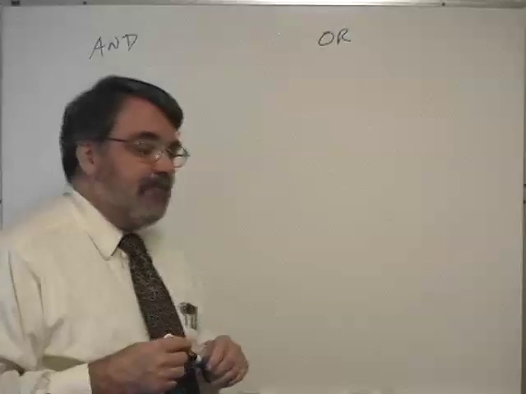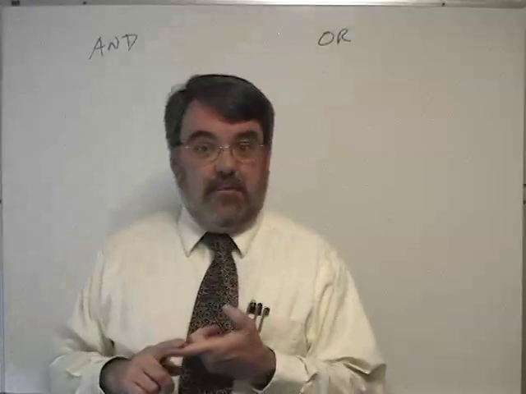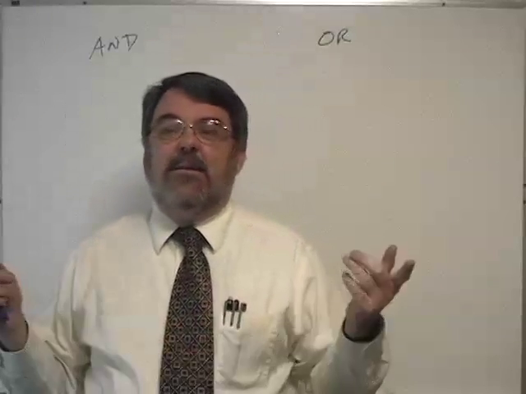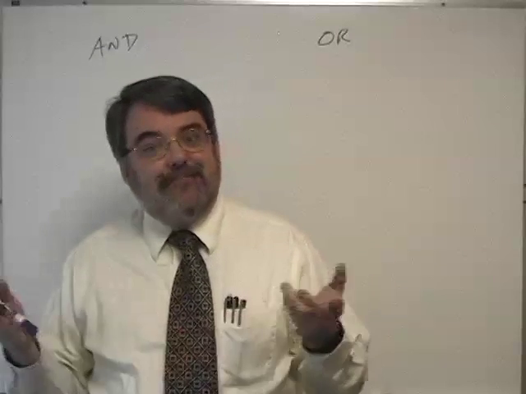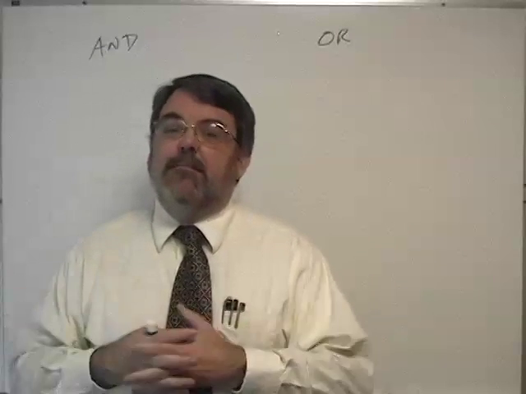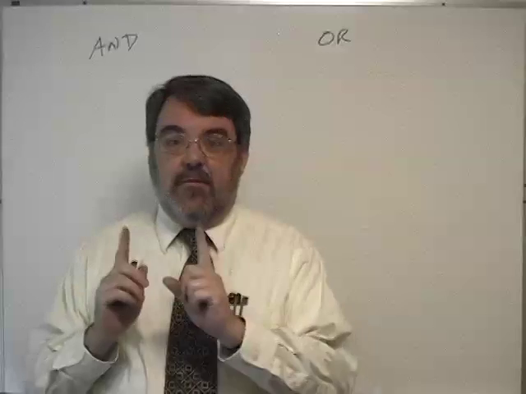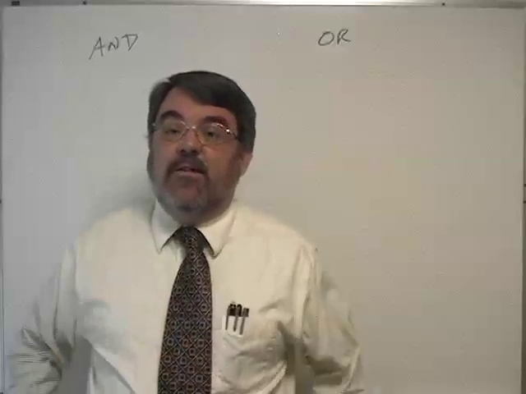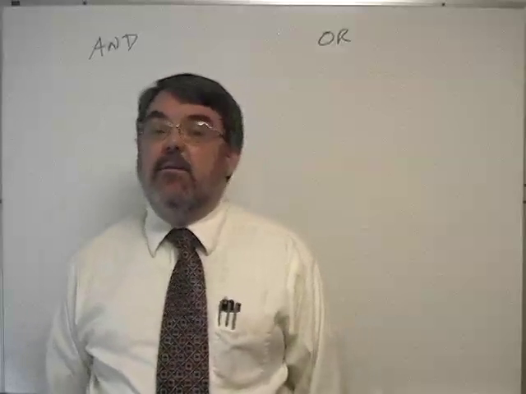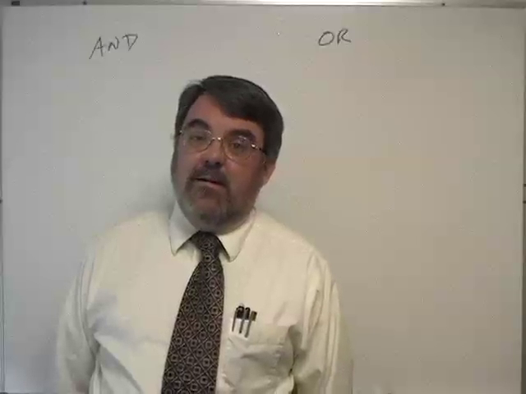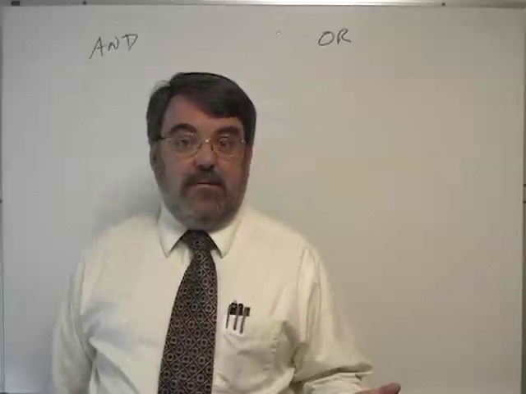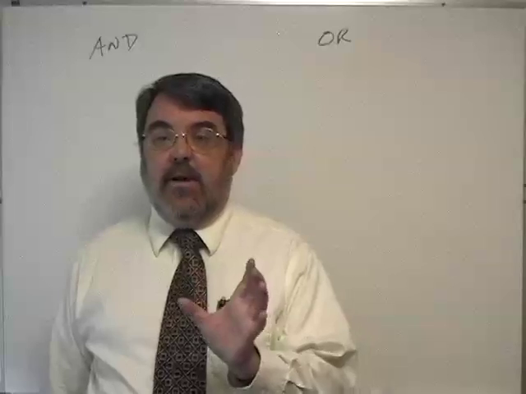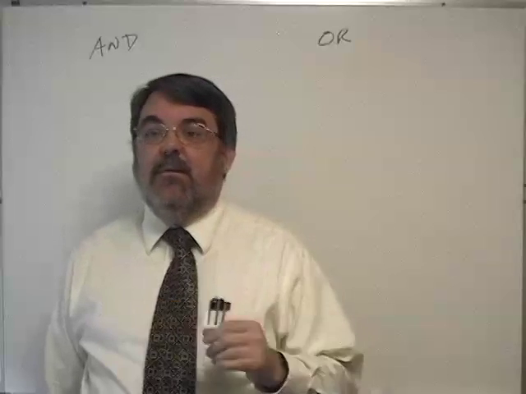The sky is blue and the grass is green. That's a true statement, isn't it? Because both parts are true. Now if I said the sky is blue and the grass is red, we would consider that a false statement, because one part of that is false.